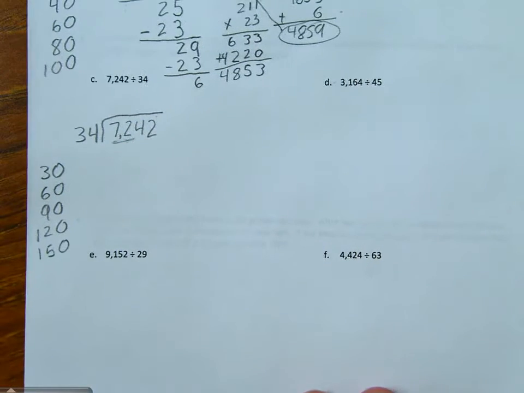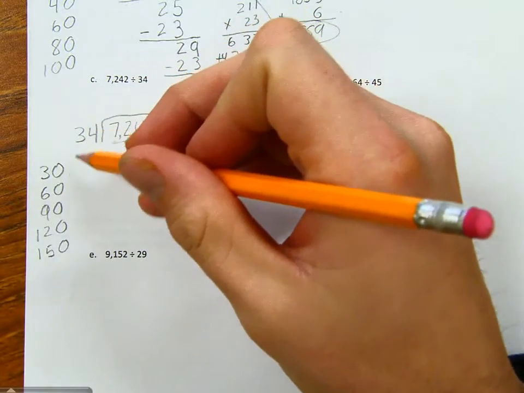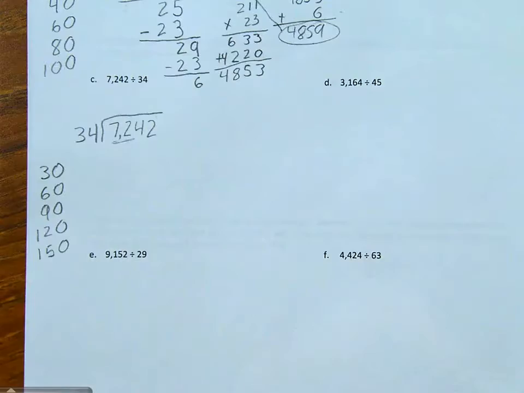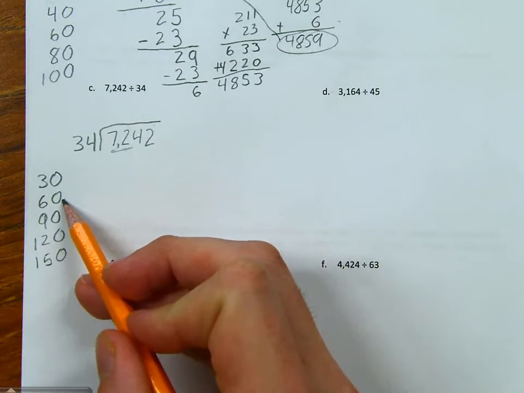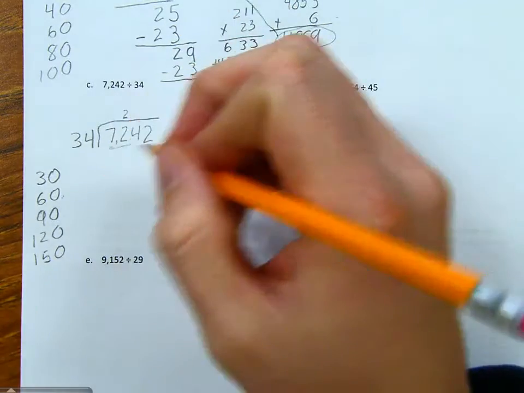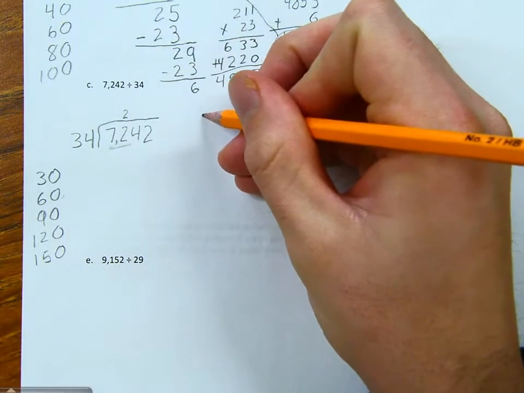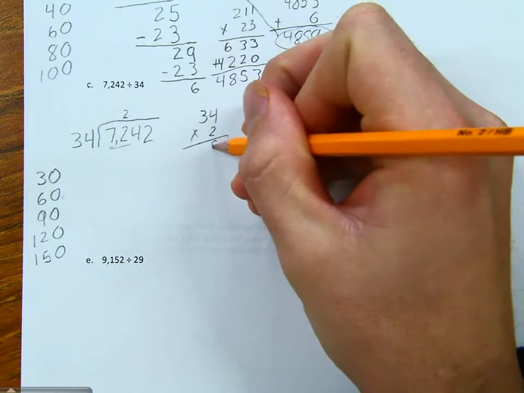If we need more, we can continue. And if I look at my 30s, it looks like 90 is too much. We can go in 2 times, so that would be my guess. And then we have to do 2 times 34. So 34 times 2 is 8.